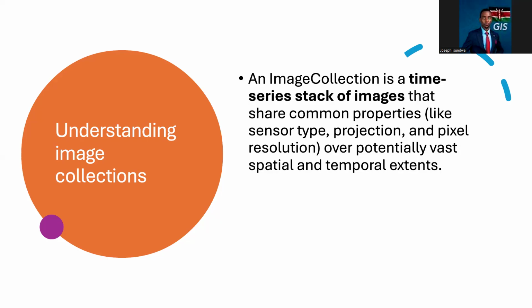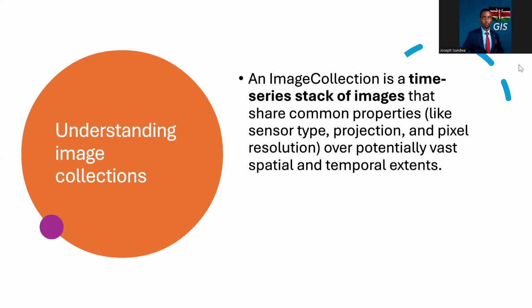For example, you're working on an image collection for a month for a certain area. It will be a difficult task to do the 30 images one by one. But when you run them under an image collection, if you write a certain change, it will just compute on all the images, and then you get an output still as a collection, right?